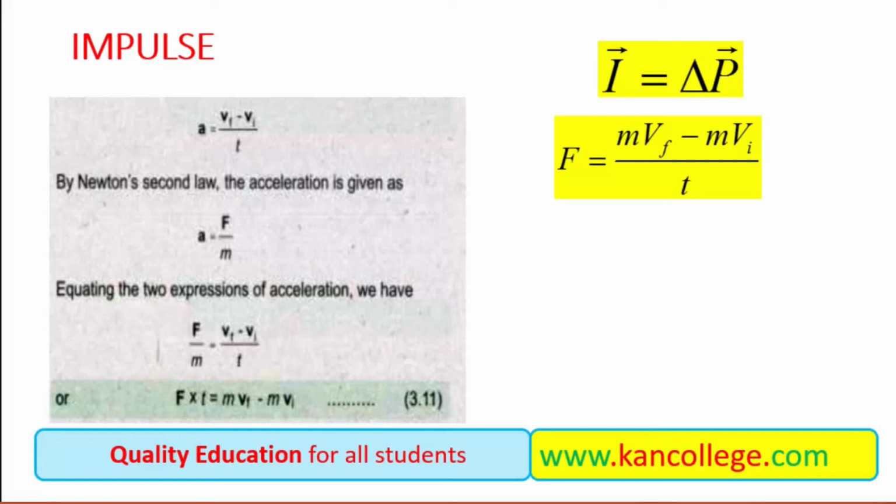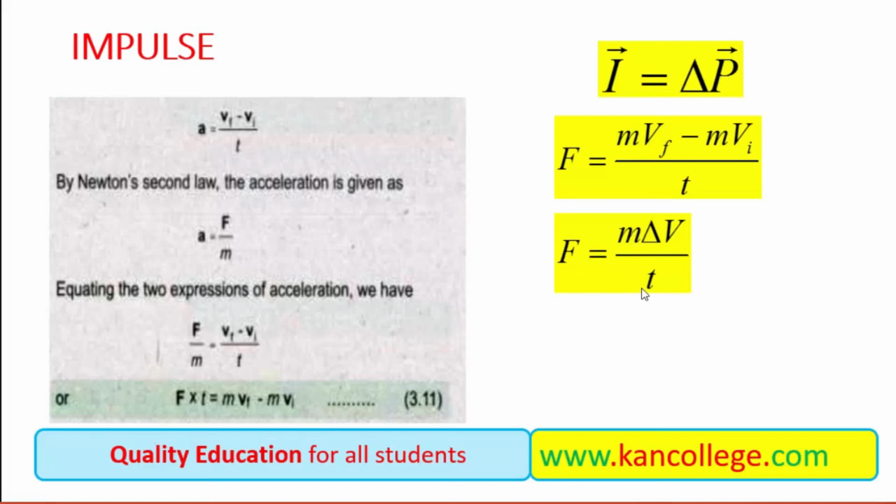Conversely, if t goes in the denominator, then force is equal to the rate of change of momentum. From equation 3.11, if time is taken to the denominator on the right hand side, then this equation will result, and this shows that force is actually the ratio of change in momentum to the time.